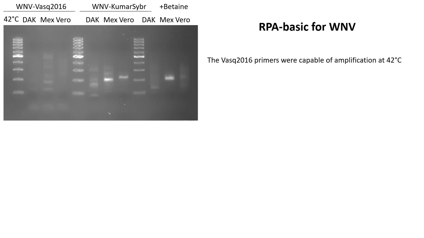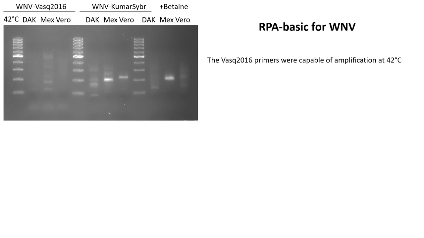So for West Nile, we had a couple of pairs that we designed. I named them arbitrarily Vasquez 2016 and Kumar Cyber, and ran them at 42 degrees Celsius with or without betaine to inhibit non-specific binding.